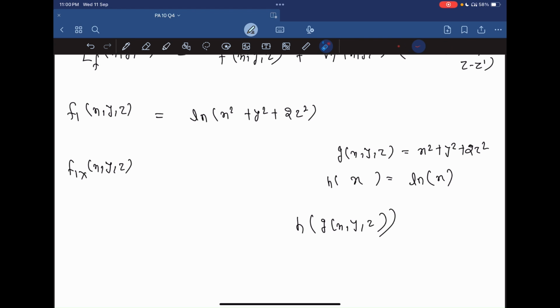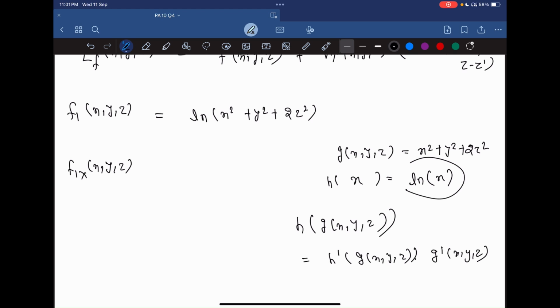So by chain rule, the derivative of this would become the derivative of the outside function times the derivative of the inside function. That is, first we will differentiate ln of x, so that would become 1 by x. Now, what is the term going inside the outer function, that is g of x comma y comma z?